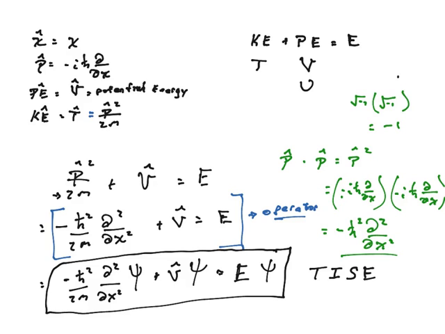So this is the big guy. This is the huge, important equation which we're going to use for the rest of the semester. And you've seen how to get to it. All it is is the total energy, the conservation of energy. But in order to calculate the energy for a quantum mechanical system, we have to do it through the use of operators.